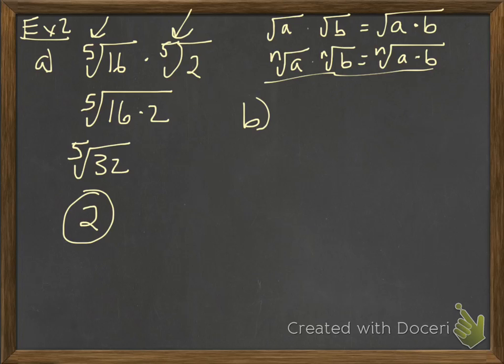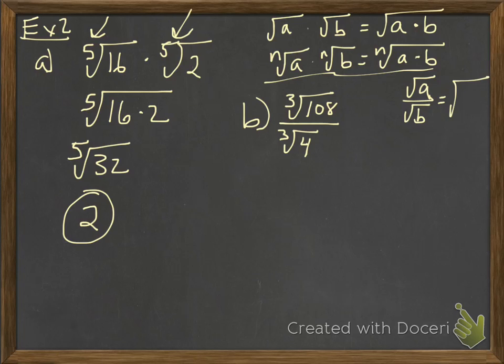Let's say I have the cube root of 108 over the cube root of 4. This is similar to the previous example's last problem. Similarly, if you remember, the square root of a over the square root of b is the same as the square root of the quotient a over b.